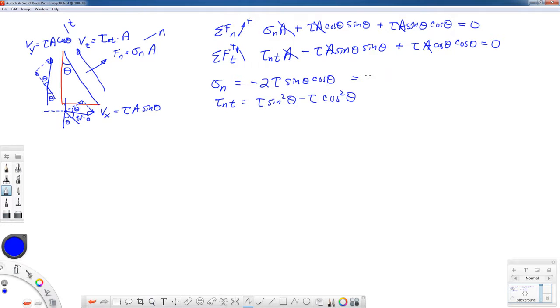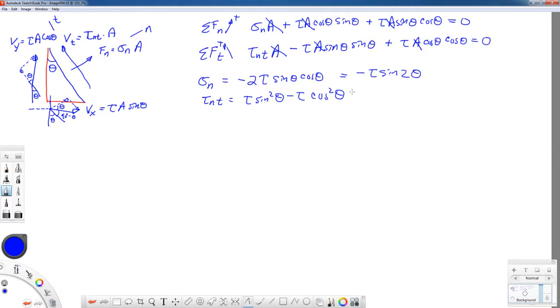So I'm going to say this is minus tau sine 2 theta, and sine squared minus cosine squared, well, you probably see it written this way. Cosine of 2 theta is cosine squared minus sine squared, so sine squared minus cosine squared is equal to minus tau cosine 2 theta.